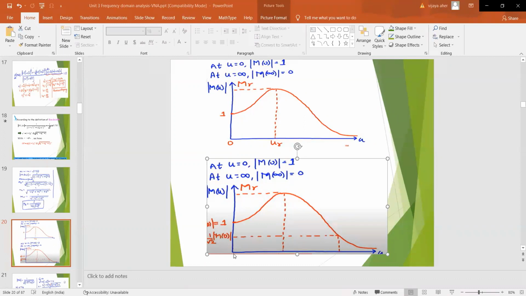At u equal to 0, or omega equal to 0, the maximum magnitude of your system is equal to 1, so I got this point.